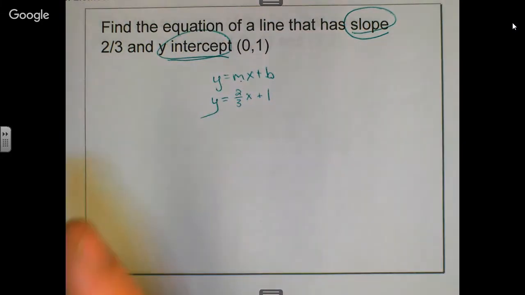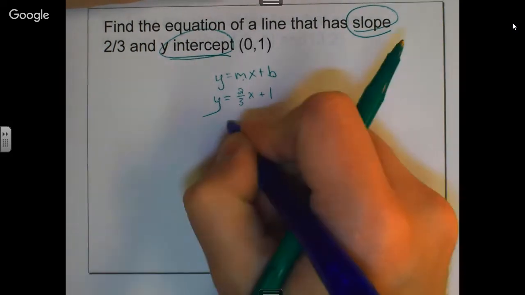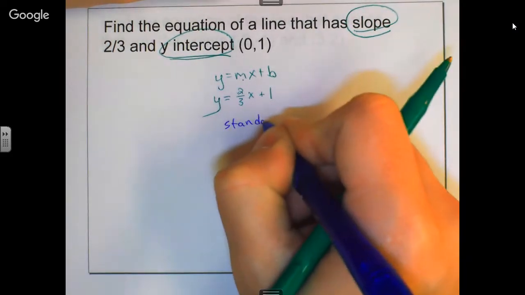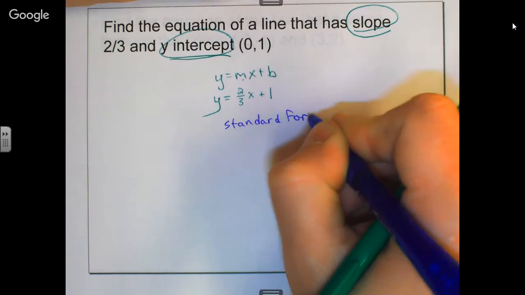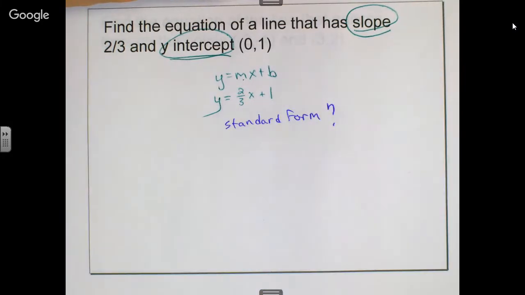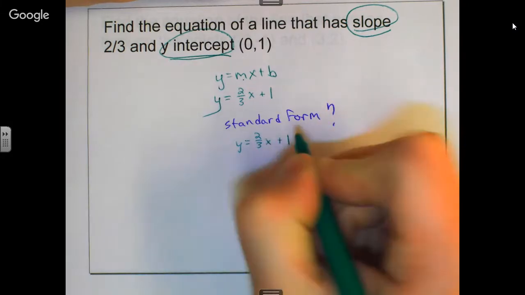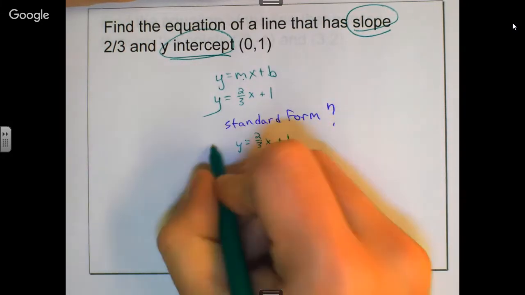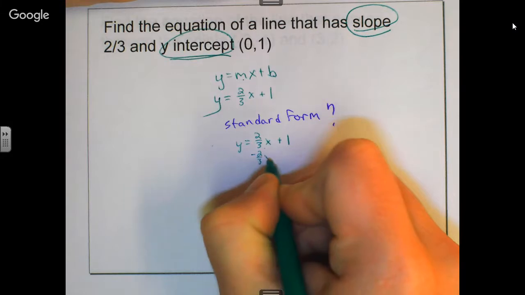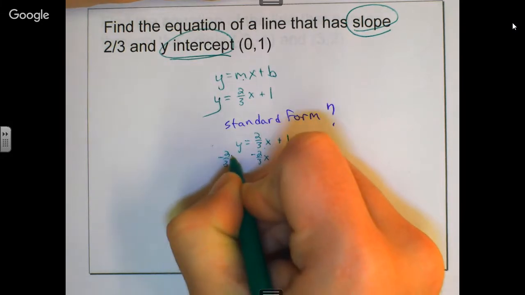Now, often with something this easy, they'll ask, what is it in standard form? So we'll take this and put it in standard form. I need to move the x to the other side, so we'll subtract 2/3 x.